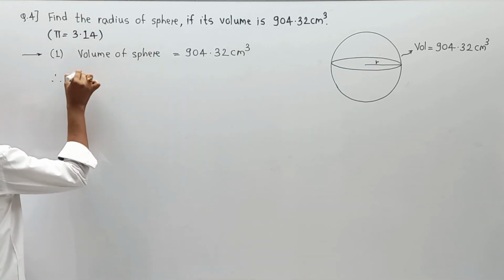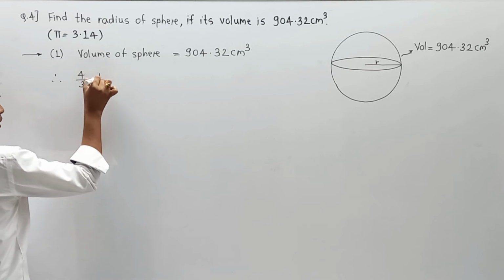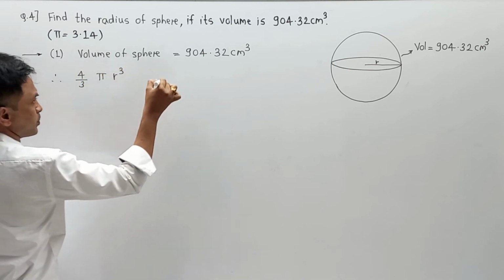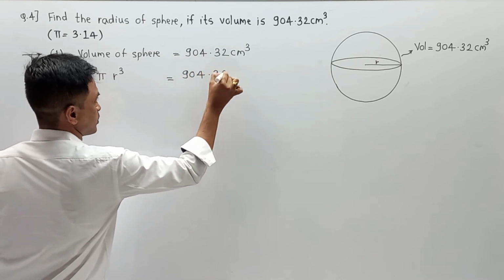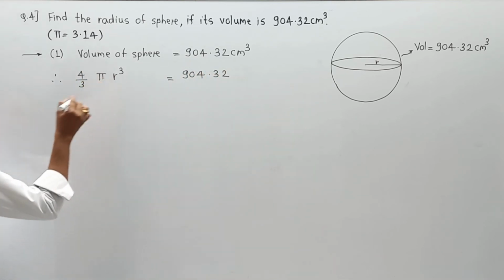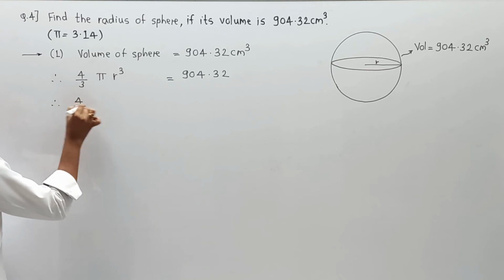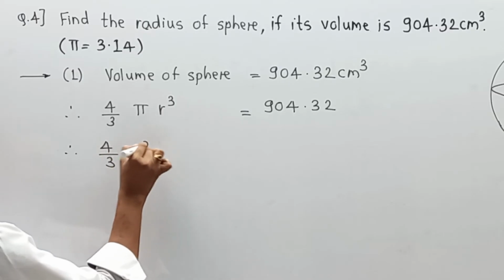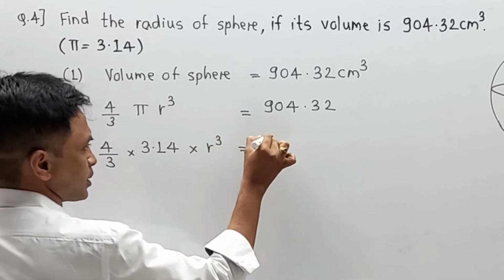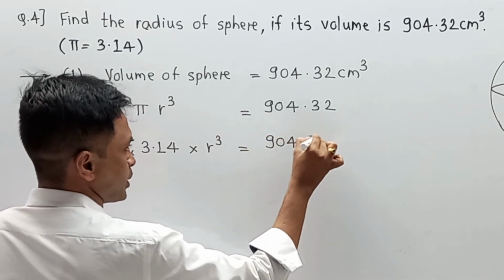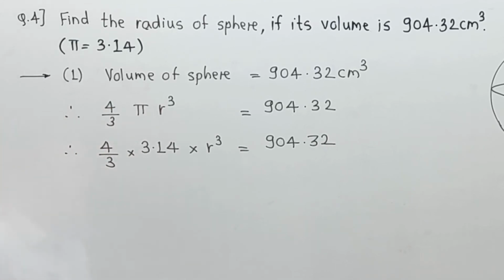Volume of a sphere 4 upon 3 pi r cube is equal to 904.32. Value of pi they have mentioned. So 4 upon 3 into pi means 3.14 into r cube is equal to 904.32. Now our target is to first calculate r cube and then r.